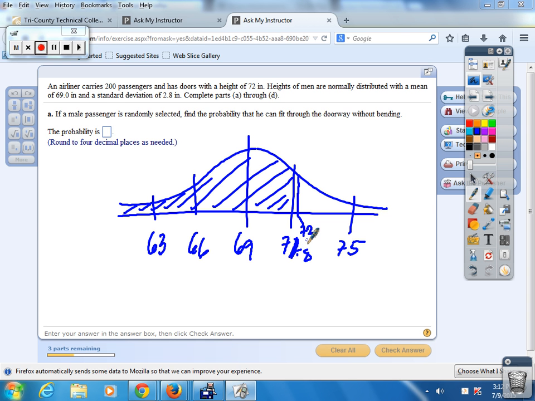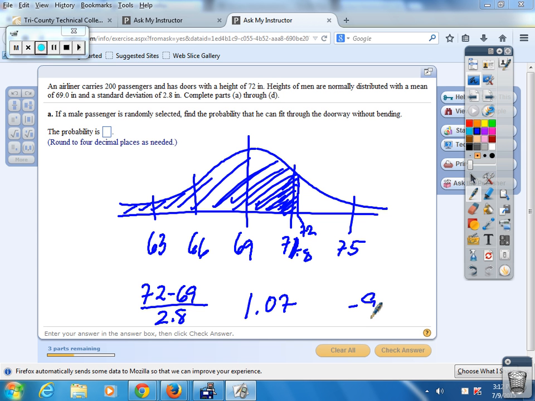That's 71.8. So there we go. Y'all with me? All right. So somebody do 72 minus 69 over 2.8. And then give me that z-score. 1.07.